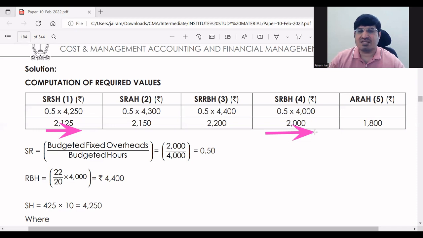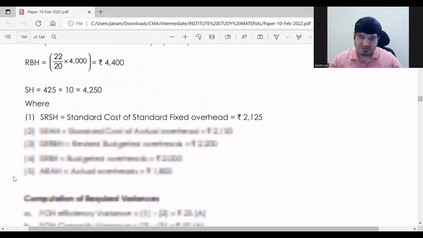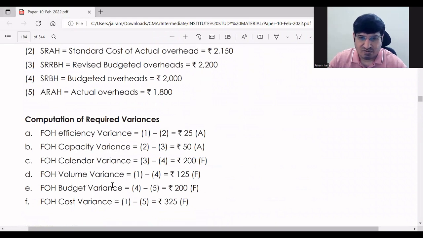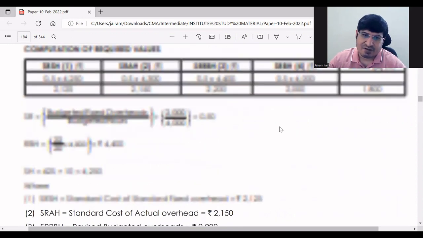Volume variance is the difference between two standard things. So volume variance will always be 1 minus 4. Volume variance is 1 minus 4, budget variance is 4 minus 5, cost variance is 1 minus 5. Okay, that's done.